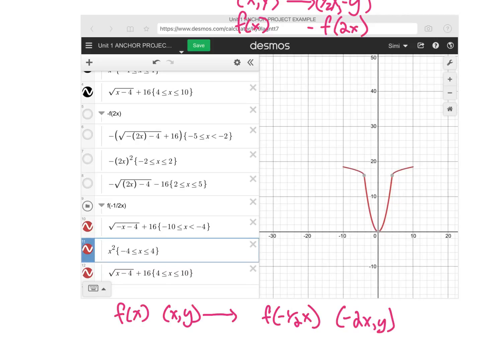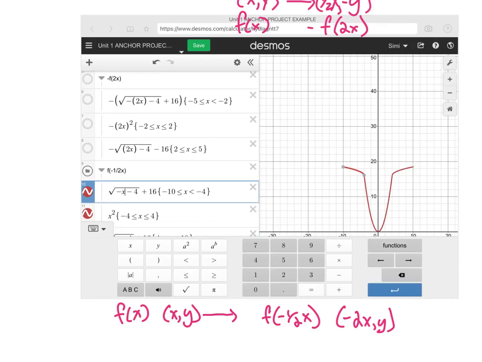All right, so to apply the negative, it has to be on the inside directly to the x. So again, the way to keep track of this, and you can simplify your equations later if you like, is to just apply parentheses directly to the x. So that way you know you'll get what you want there.